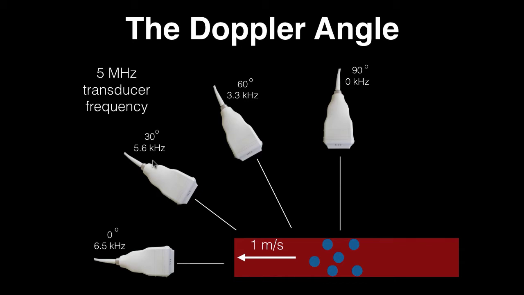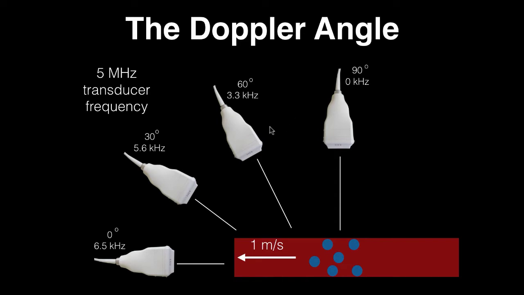Now, if we change the transducer angle to 30 degrees, we're going to end up with the Doppler frequency shift of 5.6 kilohertz. If we're at 60 degree angle, we're going to end up with the shift of 3.3 kilohertz. And if we're at 90 degrees, we're going to end up with a shift of 0 because the cosine of 90 degrees is 0.